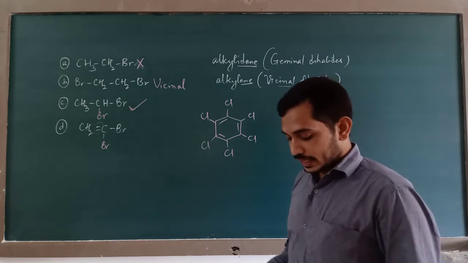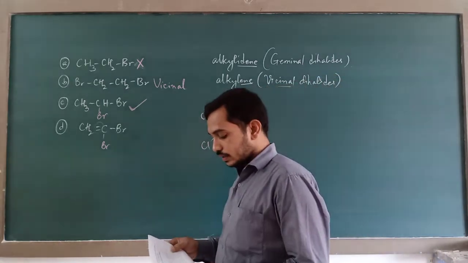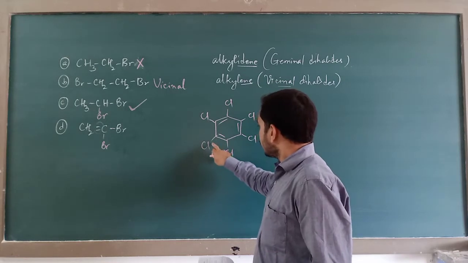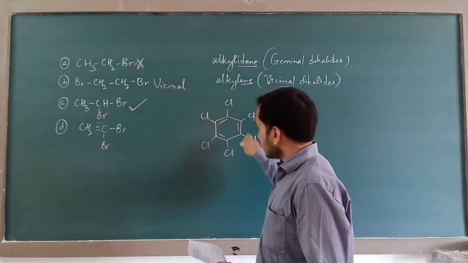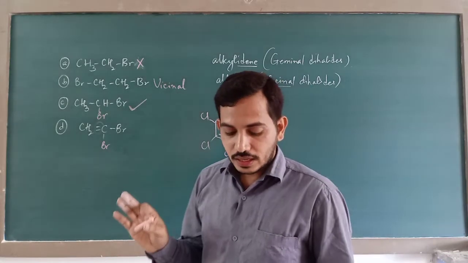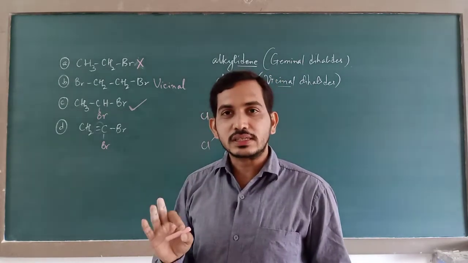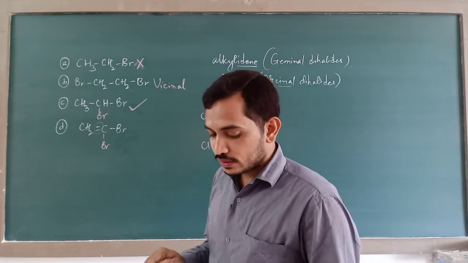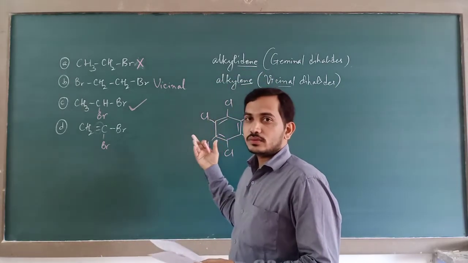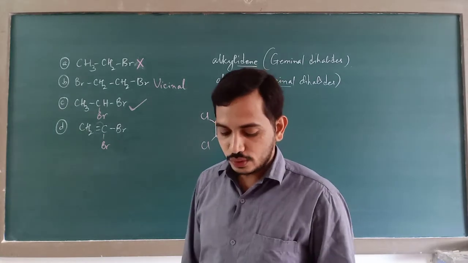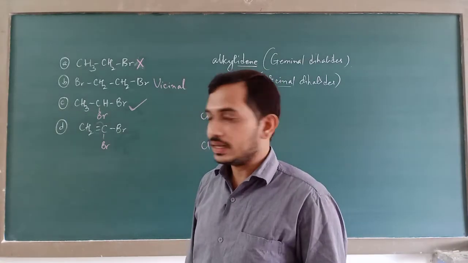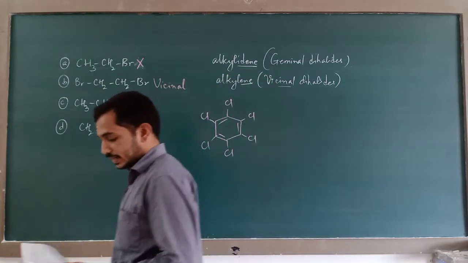So which one will be the correct name? You find out. Can it be 1, 2, 3, 4, 5, 6 hexachlorocyclohexane? Yes. Technically, it should be 1, 2, 3, 4, 5, 6 hexachlorocyclohexane, because after benzene hexachloride is formed, these double bonds tend to disappear. So first option is the correct one and not B, C, D. Option A is the correct answer.